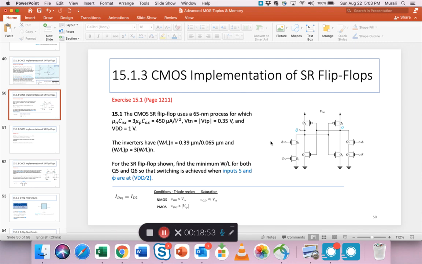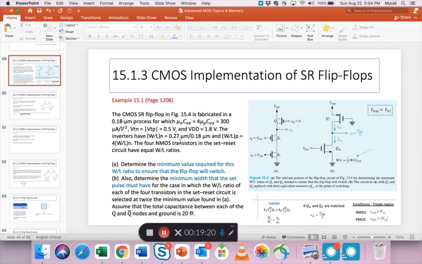So because we will apply the full voltage to Q5 and Q6 to call them a high. Here, for some strange reason, we are not applying the full VDD 1 volt, but we are only applying 0.5 volts. And the question is, is it still possible to switch at this? That is the difference from the previous.